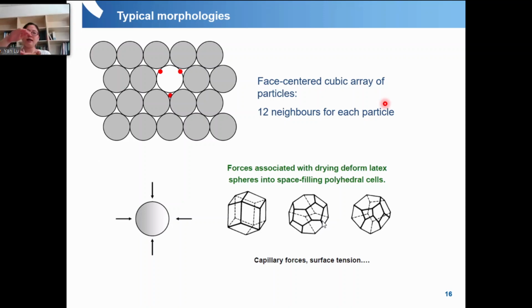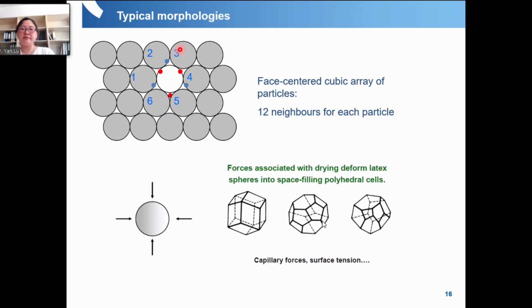For each particle you will have 12 neighbors: up here 3 points, then 6 neighbors, and then at the bottom also 3. So altogether you have 12 neighbors of each particle.